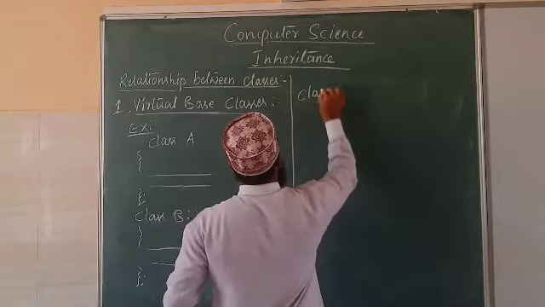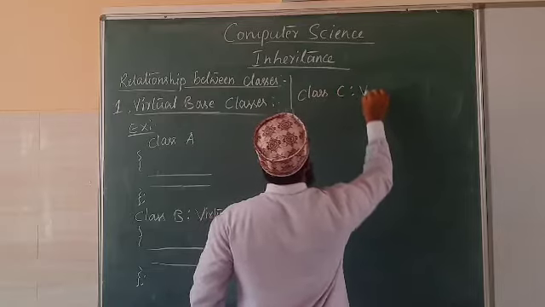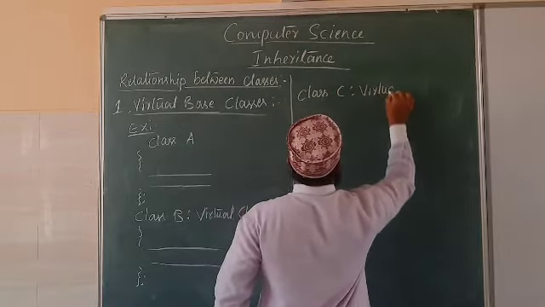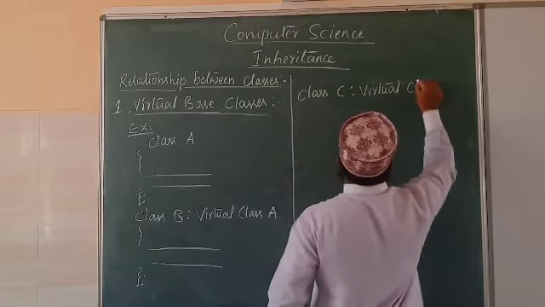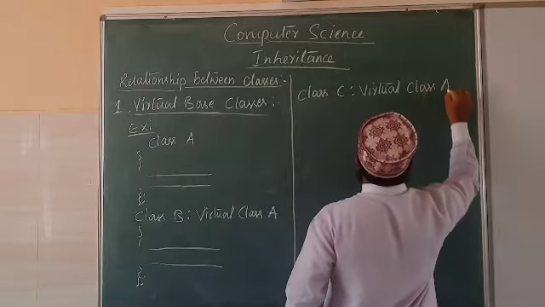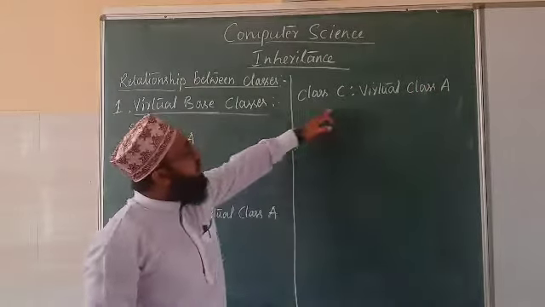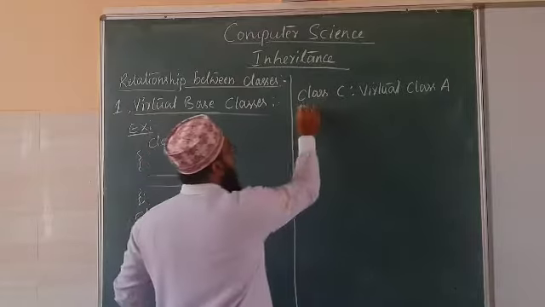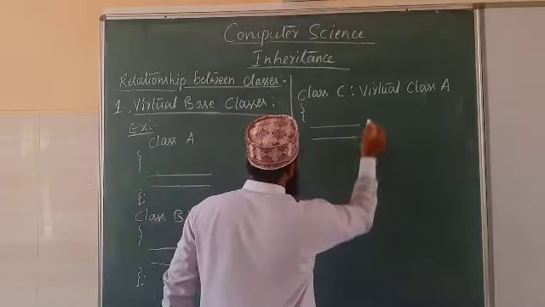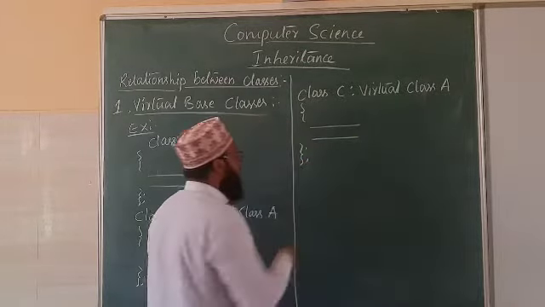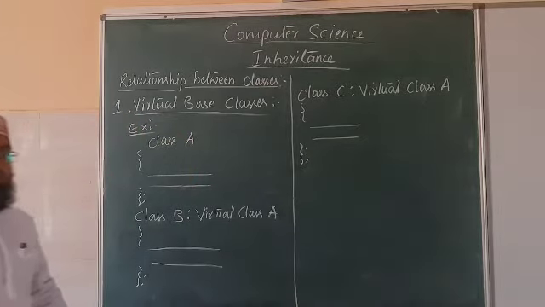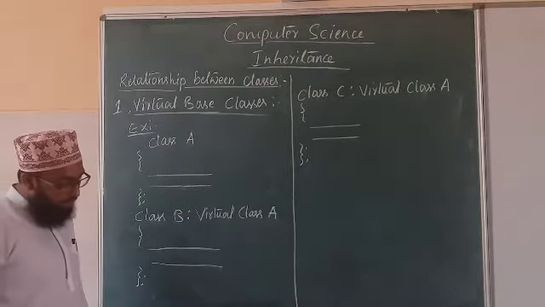Now class C. Then virtual class A. Class C is created and we have used virtual class A. Then open the class, do the necessities of a class, then close the class. These are two derived classes.